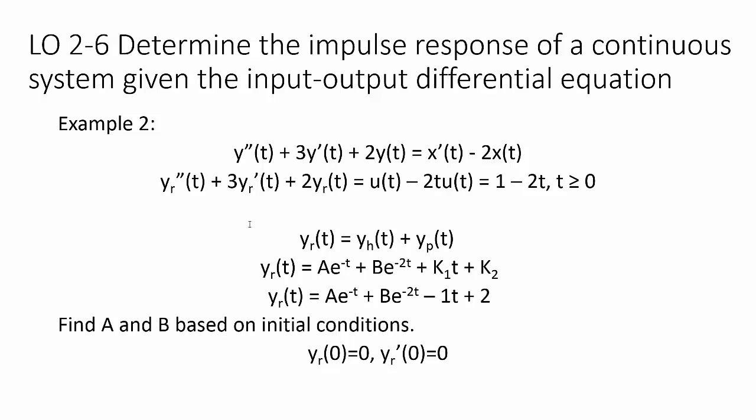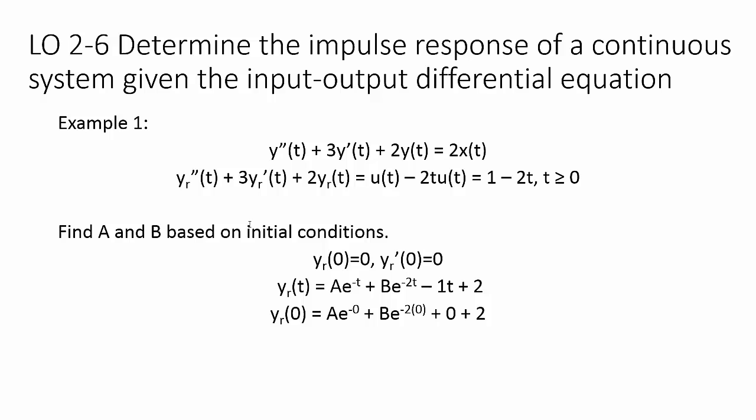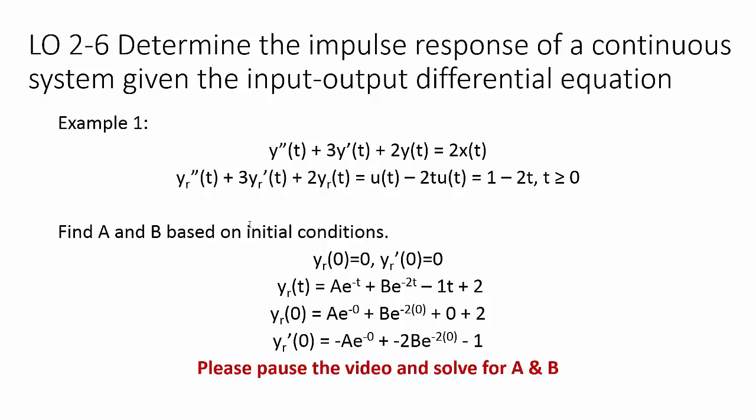The initial conditions are going to be the same as before, 0, from initial rest. Two equations. Please pause the video and solve for a and b. A equals -3, b equals 1.